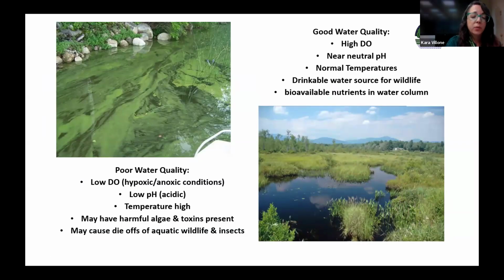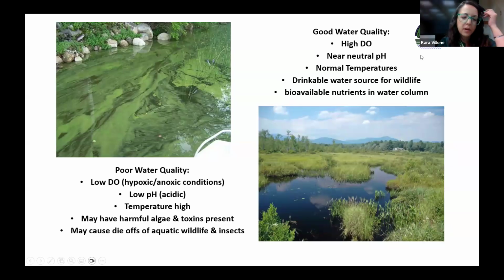It causes low pH and the water becomes acidic. It causes the temperature to increase, and in this case, with the cyanobacteria bloom, it is a harmful algae that produces toxins, and the toxins themselves, in addition to the other portions of the water that have been degraded, can kill the fish and other aquatic wildlife.